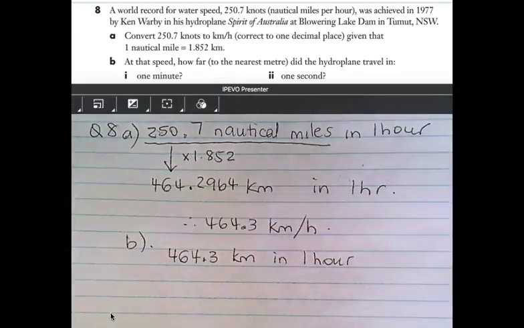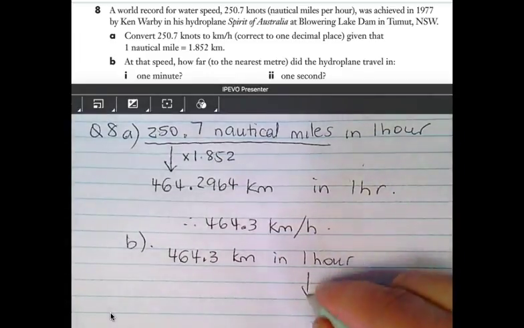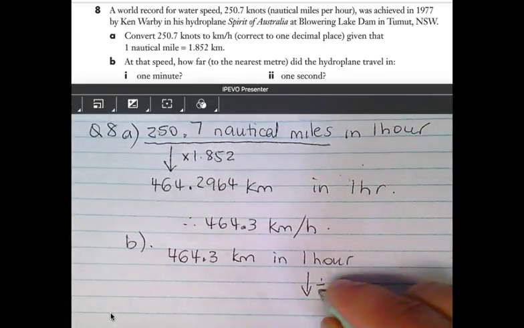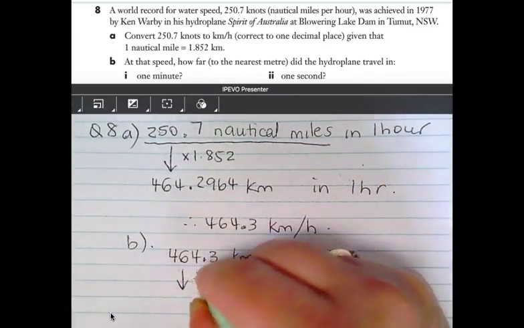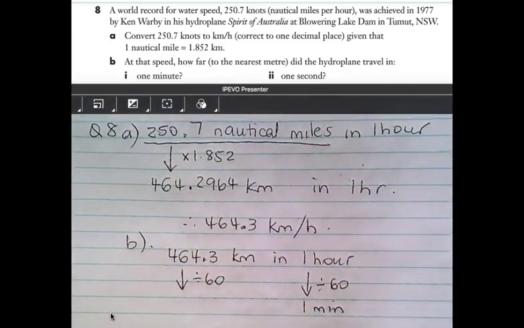We want to know at this speed, how far does the plane travel in 1 minute? Well, 1 hour is 60 minutes, so to go to 1 minute, we divide by 60. So we take this answer, 464.3, and divide it by 60.